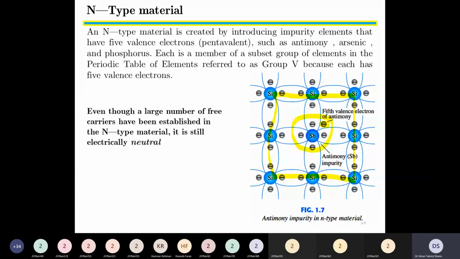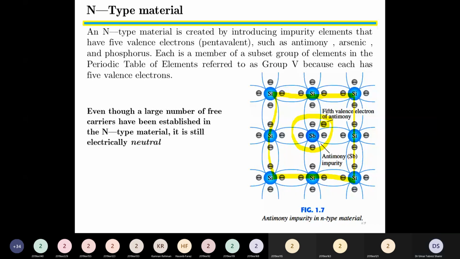So when we add them, the antimony will create covalent bonds, but the number of all electrons will be equal to the number of all protons. Hence, there is no charge. It is neither negative nor positive. It is simply neutral in electrical charge.